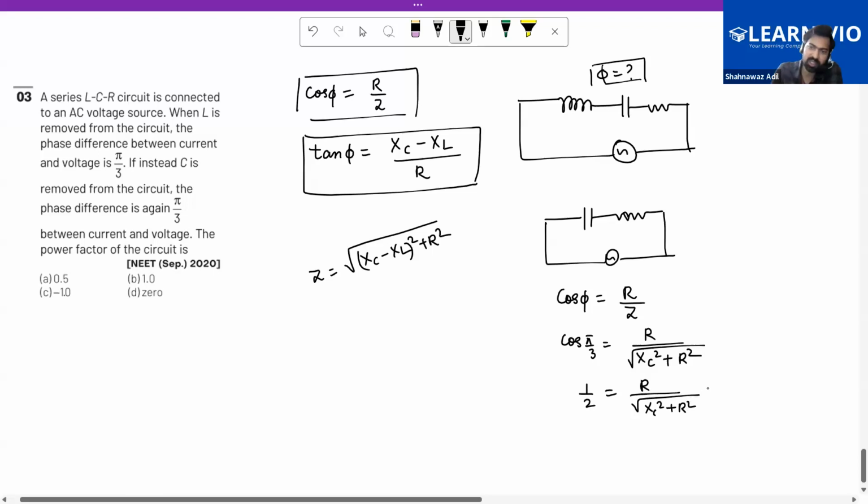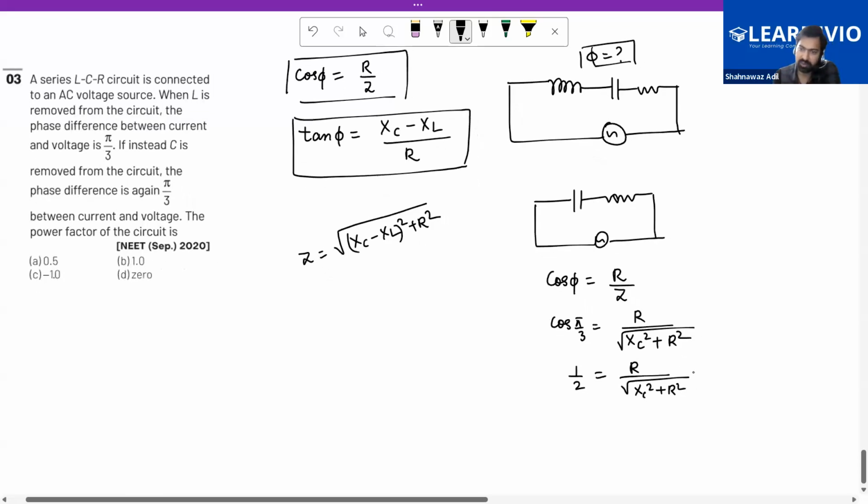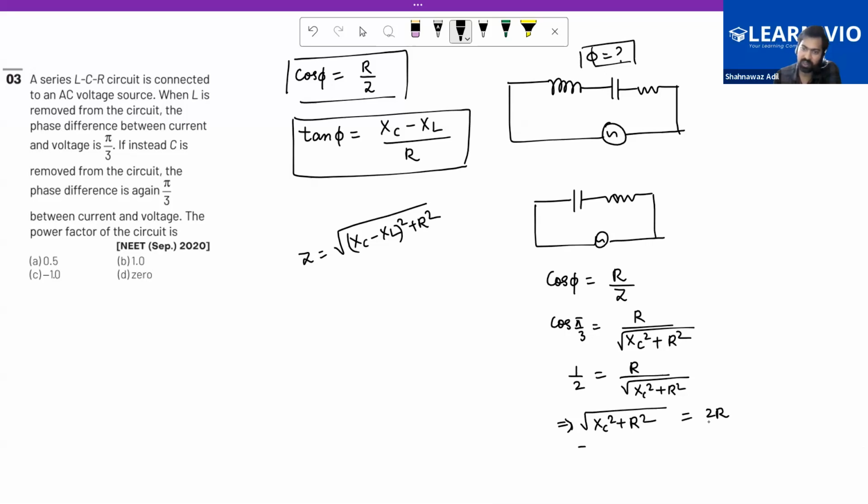So how much is this thing? If we take this to the other side, this becomes 2R. So if we square the whole thing, then this becomes XC squared plus R squared, and then this becomes 4R squared.